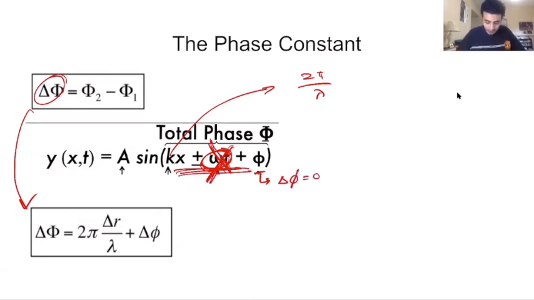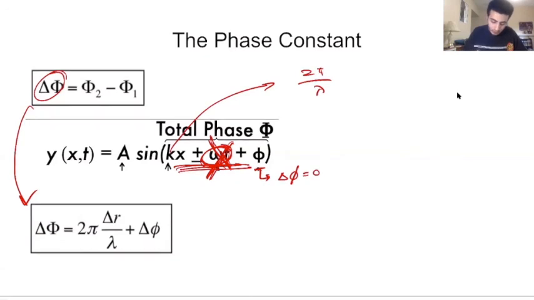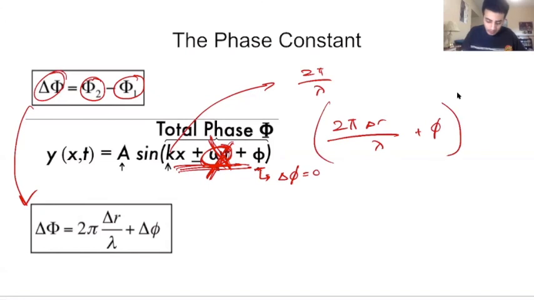So what we really have is the difference between the total phase from this one minus this one. Once we do some factoring, we can do 2 pi times r over lambda plus the phase constant, minus, and then this would be total phase 1, minus 2 pi r.